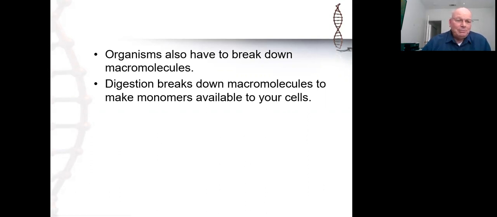We may be able to make some of them, but we can't necessarily make all of them. We have to get them in from our food, and we have to liberate them by breaking down the large macromolecules of our food in order to be able to get access to those smaller molecules for assembling our own macromolecules. That's the second reason why we eat.